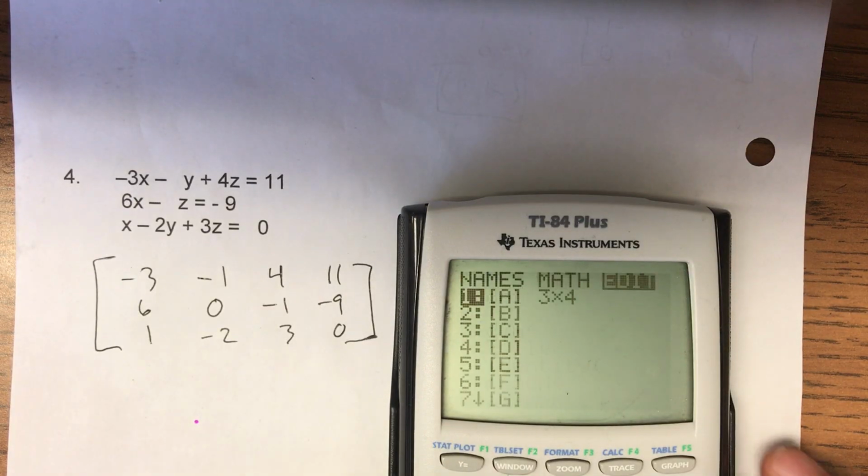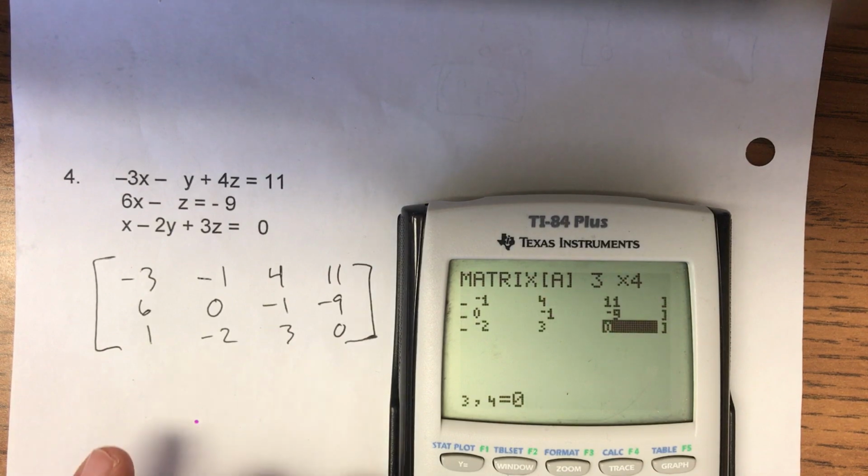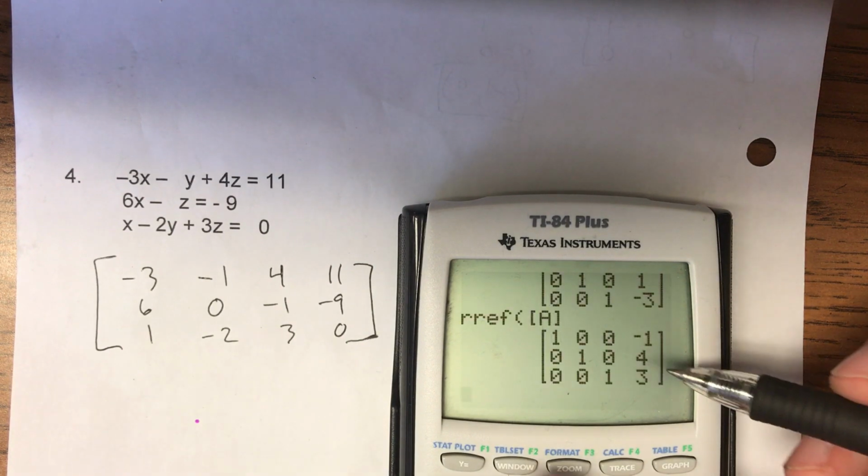So I'll go back through my steps. And so this one's -143.